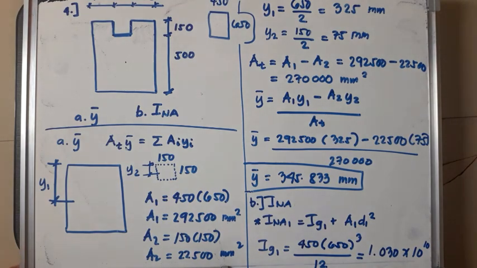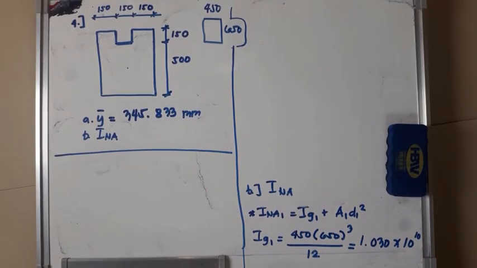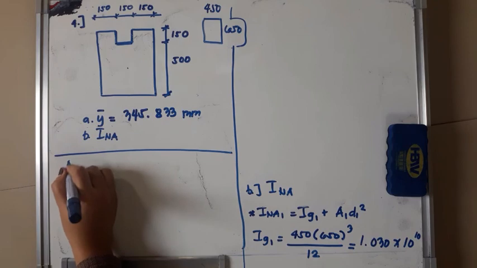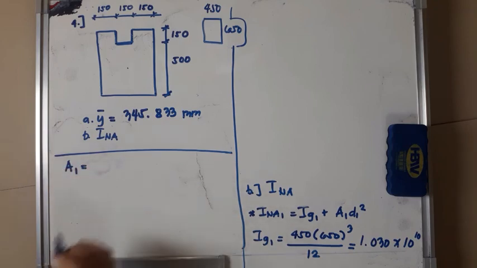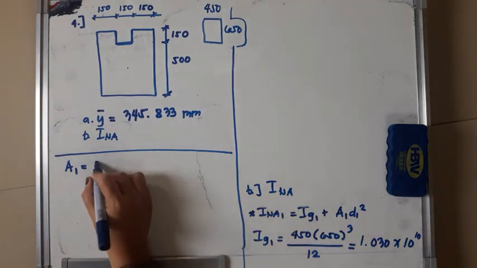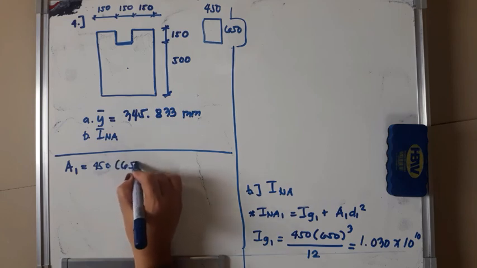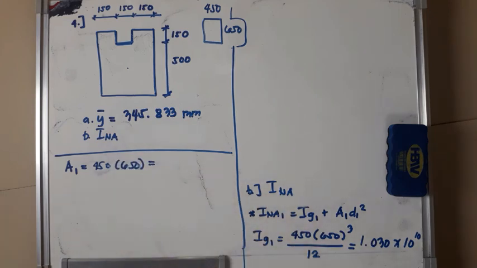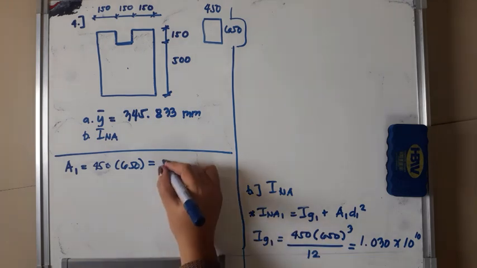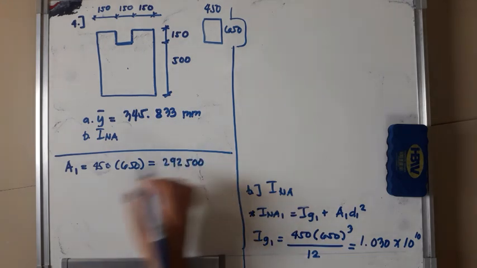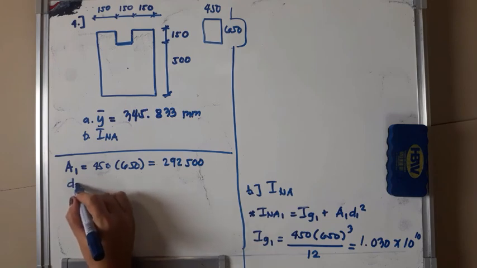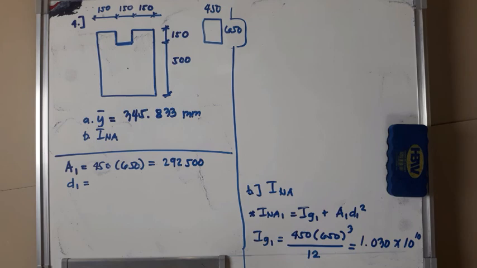How about our A1 D1 squared? Our A1 is the area of the whole rectangle, without the hole. So this is 450 times 650, 292,500. Next, what's our D1? D1 is the distance of the centroid of the rectangle with respect to the neutral axis.